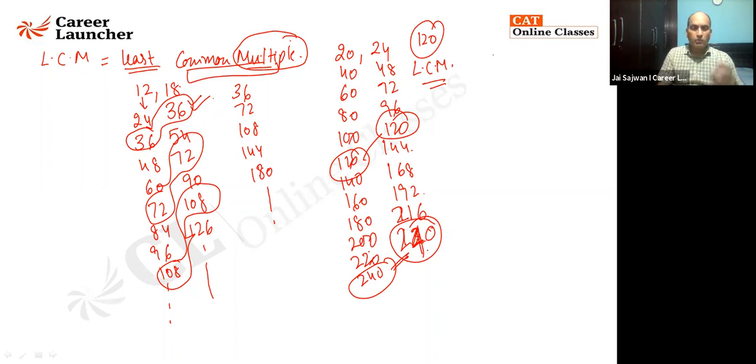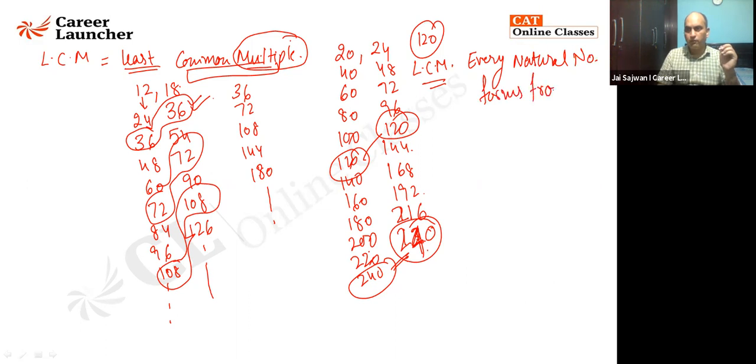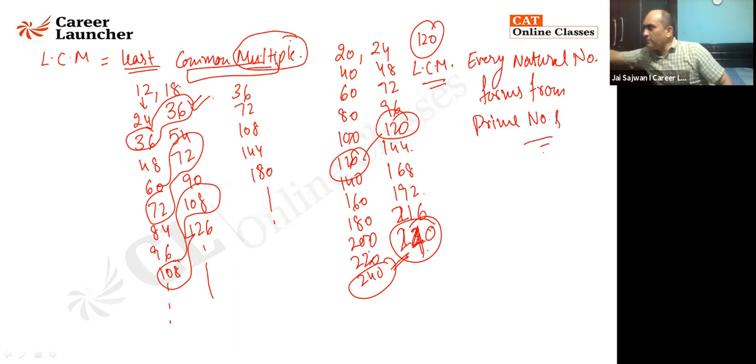Now, there's one more thing that you should know, and I repeated it in the last class as well. Before that also we talked about that every natural number that exists in the world is formed from prime numbers.